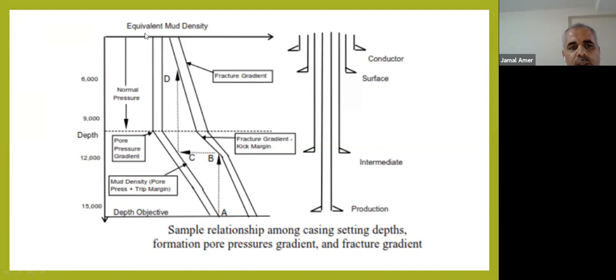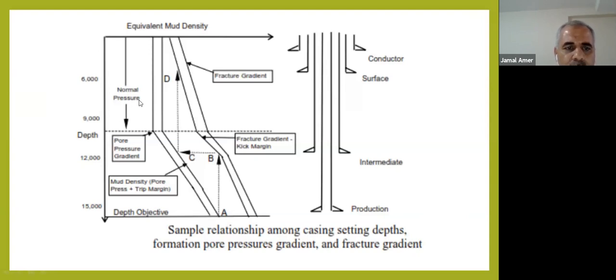So we take this graph by equivalent mud density. We see here this equivalent mud density is steady, the same value from this point up to this point. That means normal pressures, we don't see any change, because equivalent mud density, or gradient, as we call it, is pressure over depth.